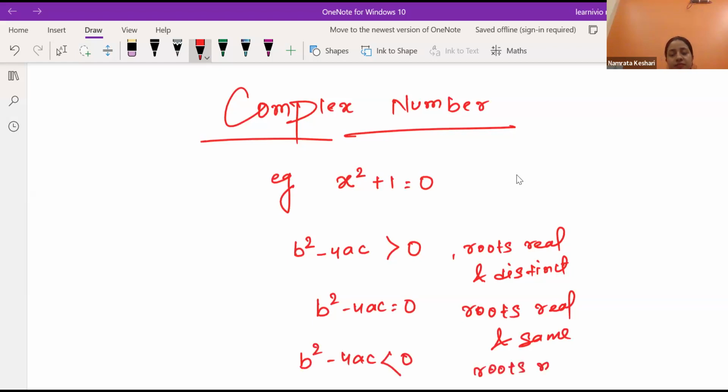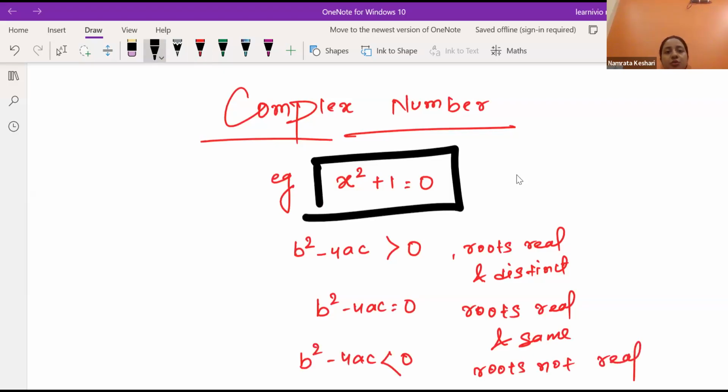Yes, miss. So for the example which I have written on the screen, x square plus 1 is equals to 0, let's check the nature of the root. Here in this quadratic equation, if I ask you what is a, what is b, what is c, will you be able to tell me?